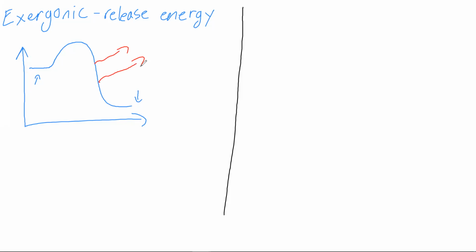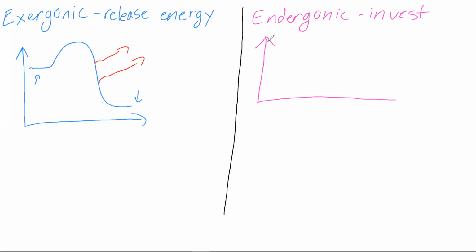When we talk about endergonic reactions, we talk about investing energy, right? And when you invest energy, same kind of graph, you will see little energy in your reactants, it goes up, and you will end with a lot of product energy, right?